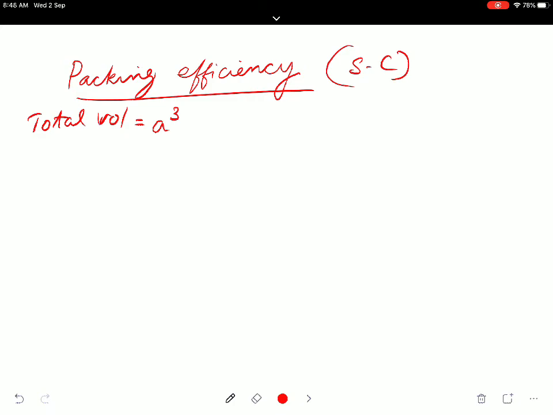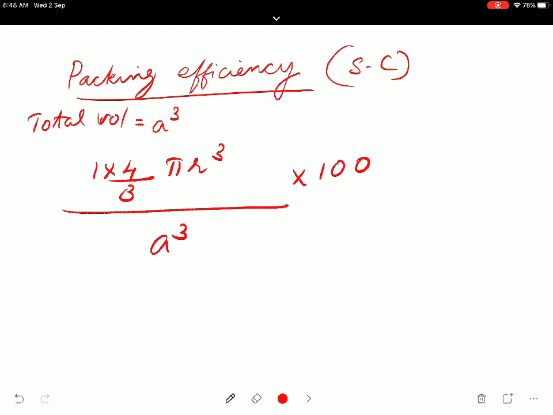How many balls are there? One ball is there. So the volume of the occupied space, that is one ball, is 1 into 4 by 3 pi r cube. What is the packing efficiency? This divided by a cube into 100. Don't forget to put this 100. Now, two variables are there, a and r.